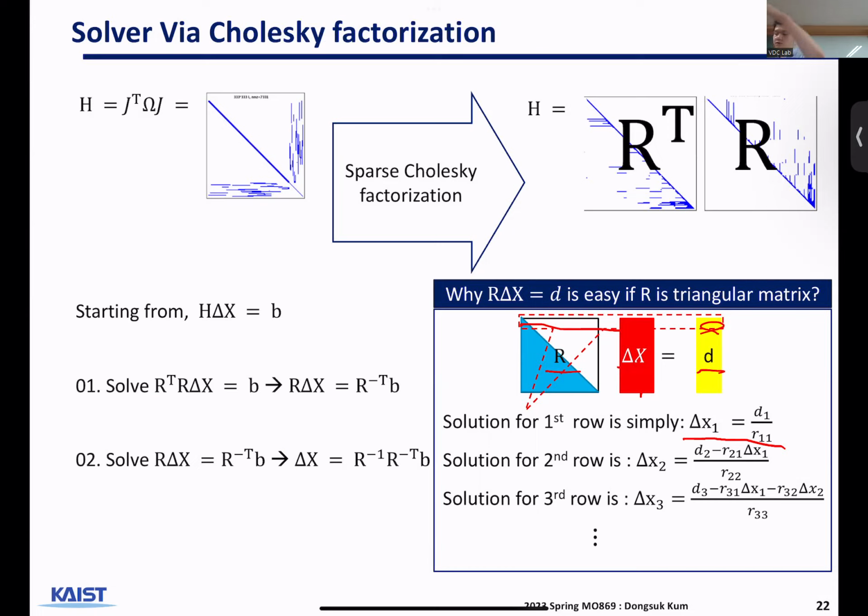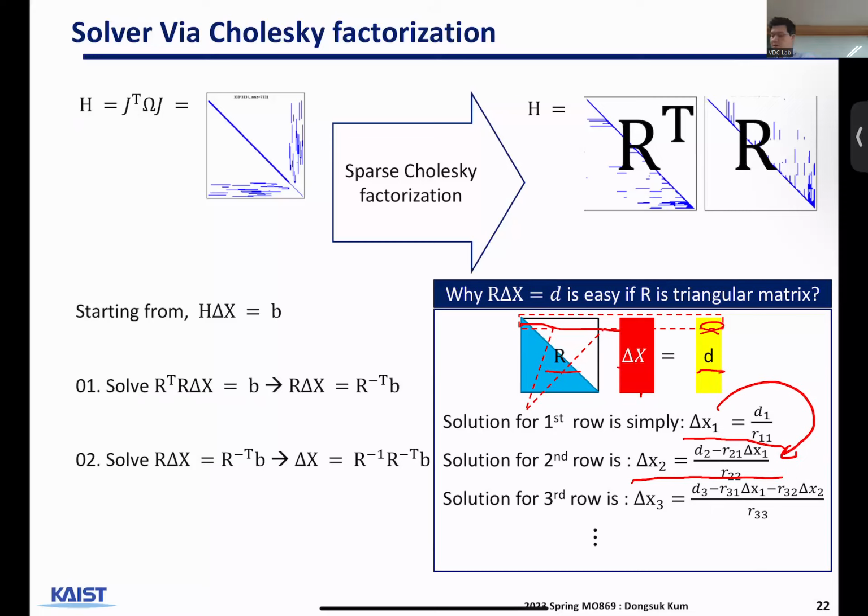And then you go to the next row. You can solve for del X2, which is D2 minus R21 del X1, divided by R22, but you computed del X1 in the prior row. So now you know del X1, so you can compute del X2.